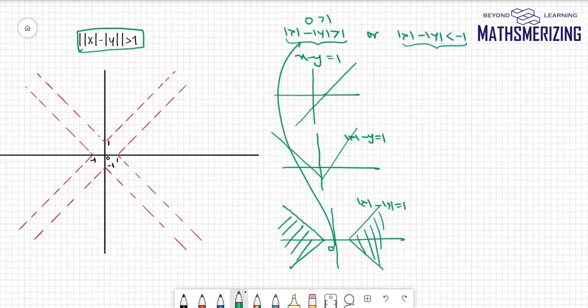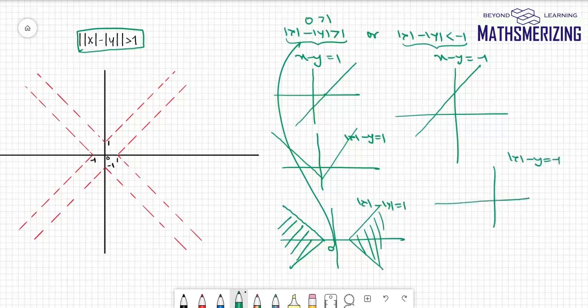Now I'll come to the next one, which is x minus y equals minus 1. When x is 0, y is 1, and when y is 0, x is minus 1. I'll take the transformation of mod x, and then the transformation of mod y.